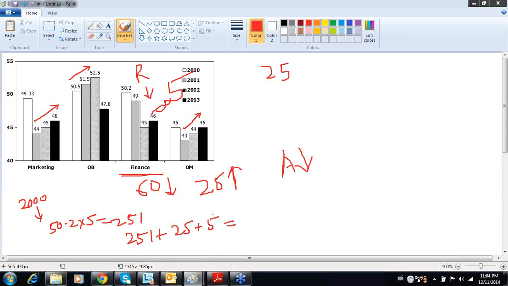Why are we putting this 5? 251 plus 1 year, everybody's age has increased by 1, so 5, plus 25 is the age of the person who has joined. So say in 2001 a person joined, it will be 281, and now the number of people is 6, so it will be 40.